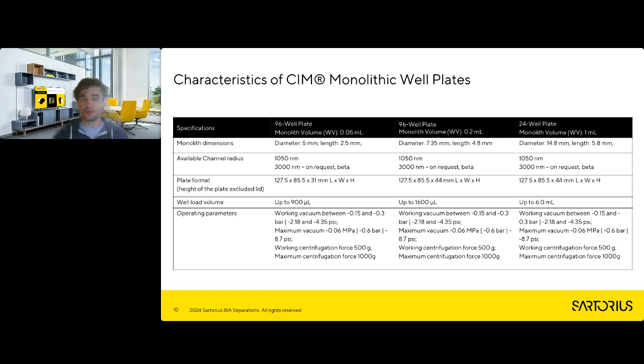Well load volumes range from 0.9 milliliters in the smallest 96 well plates up to 6 milliliters in the 24 well plate format. We can operate them with a vacuum manifold with up to 0.6 bar negative pressure, and up to 1000 Gs of centrifugation force, or 13 psi of positive pressure.